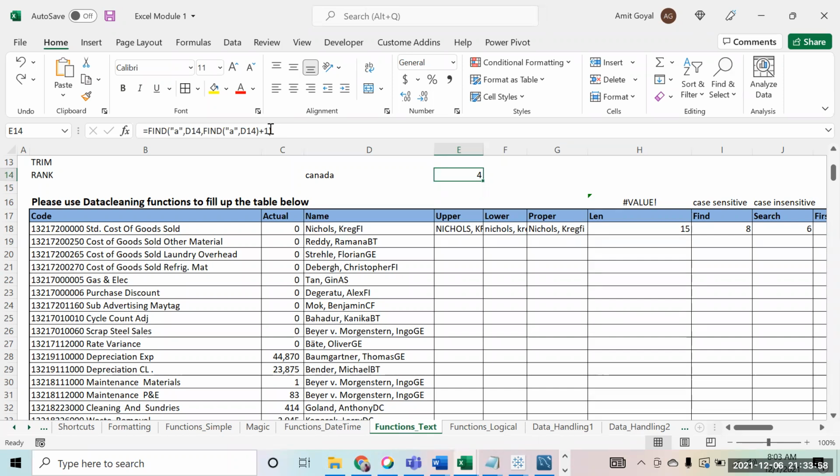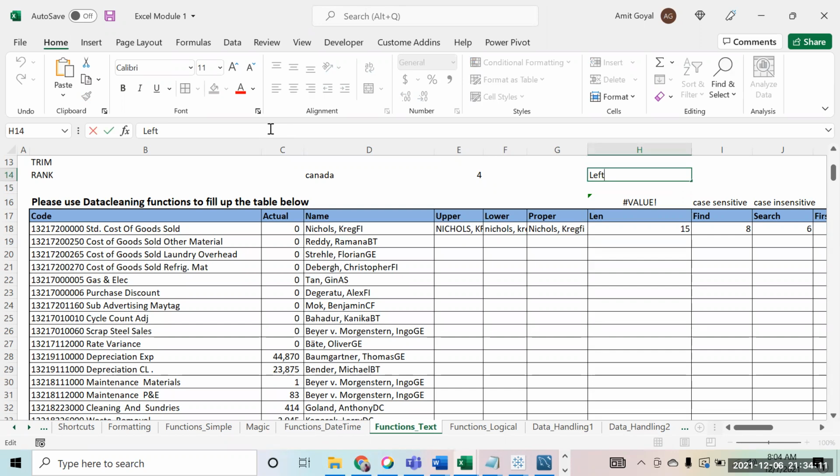Yes. Okay. So now we have a formula that is left. See, the left formula is something we use. This extracts the number of characters from the left side.